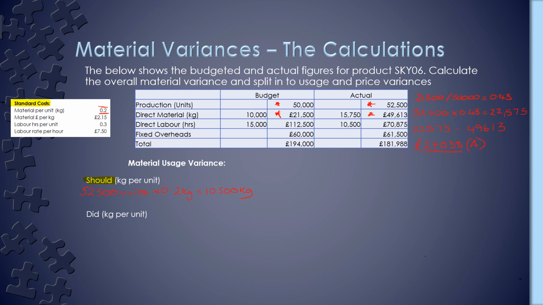However, we actually used 15,750 kilos. So our variance in kilos is the 10,500 kilos of what we should have used, minus off the 15,750 that we did use.